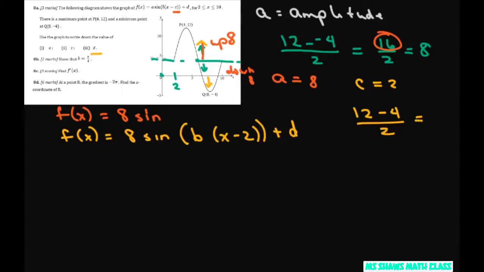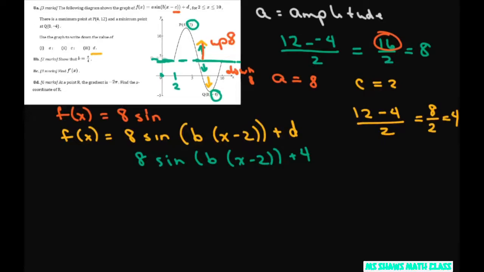So 12 minus 4 is 8, divide it by 2, and that gives you 4. So your D is your vertical shift. Now we have 8 sine of b times x minus 2, plus 4. And that makes sense given how we're moving it up and down from this center line. So 4 plus 8 is 12, and 4 minus 8 is negative 4.